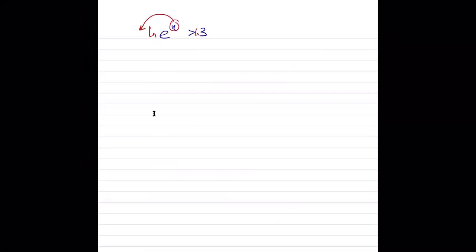So x is going to come over here, x multiplied by ln e greater than ln 3. And do you know what ln e is going to be? Ln is already to the base e, of e. So the answer is always going to be 1. So x times 1 is x, x is greater than ln 3. That's the exact answer.